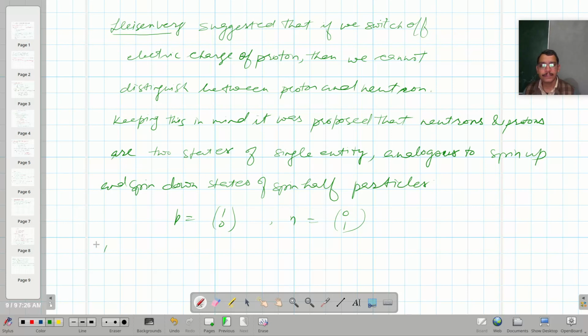and this leads to the concept of isospin.